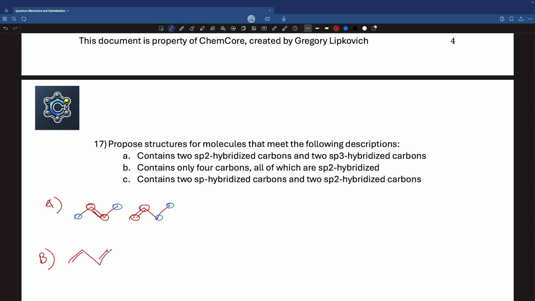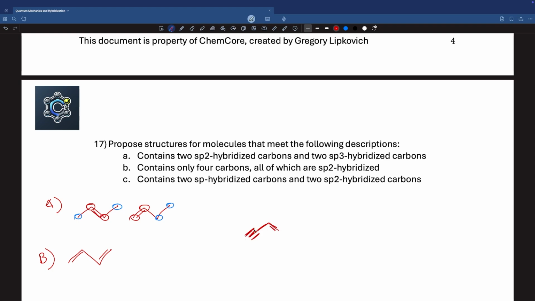The next question is asking us to propose a structure that contains 2 sp hybridized carbons and 2 sp2 hybridized carbons. So you can really draw anything, right? Draw whatever your mind commands you, but we can start with drawing our sp hybridized carbons, because it really should just be a triple bond, and then somehow sneaking a double bond in there.